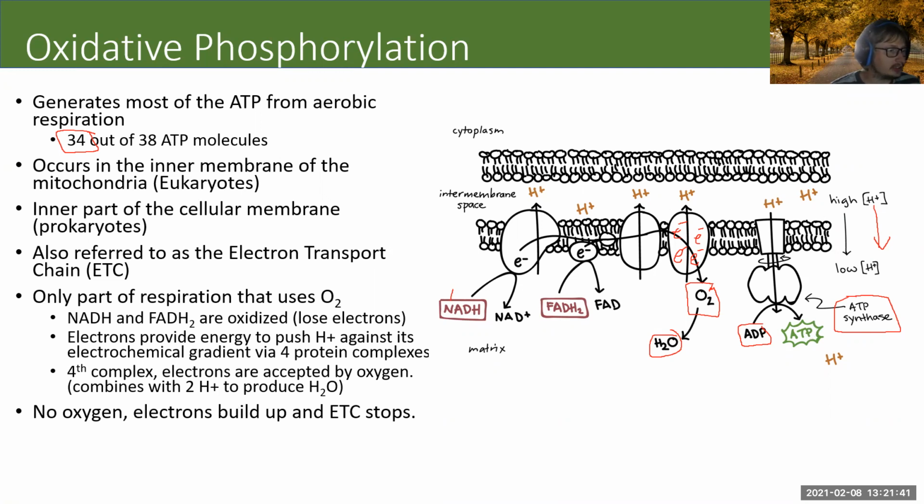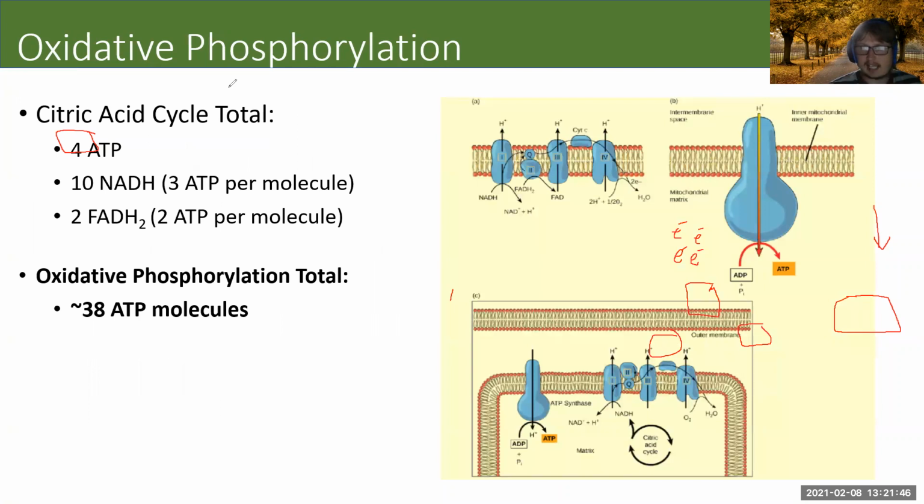Okay, so in summary, the whole citric acid cycle cellular respiration process generates, after the citric acid cycle, 4 ATP, 10 NADH, and 2 FADH2.